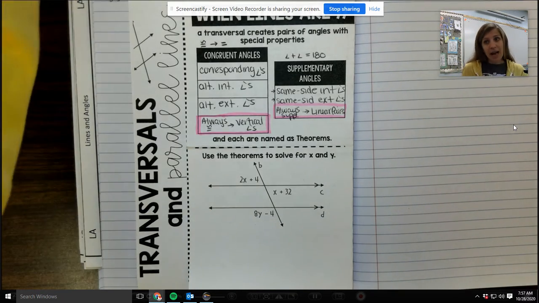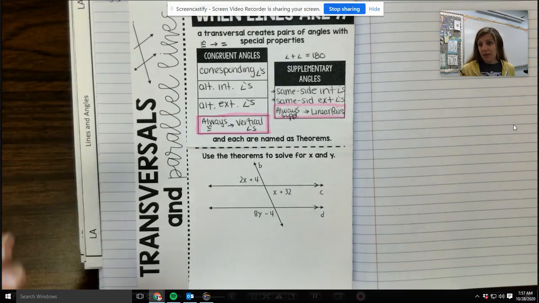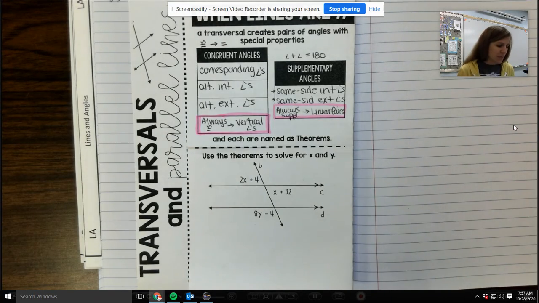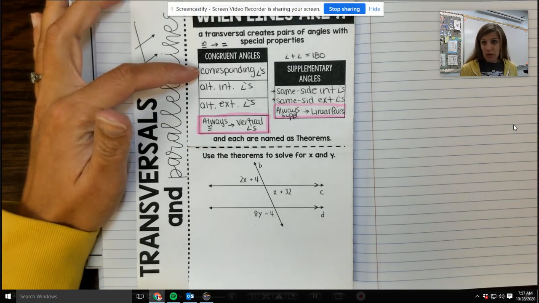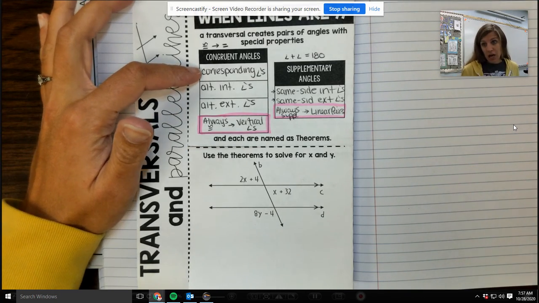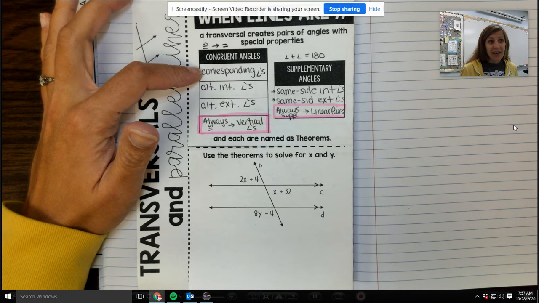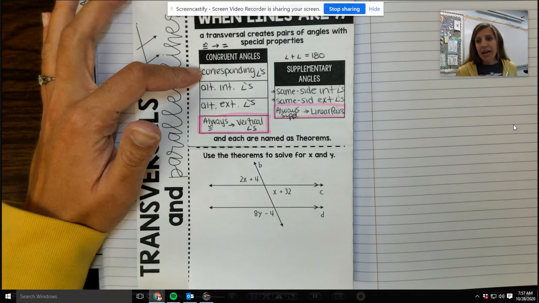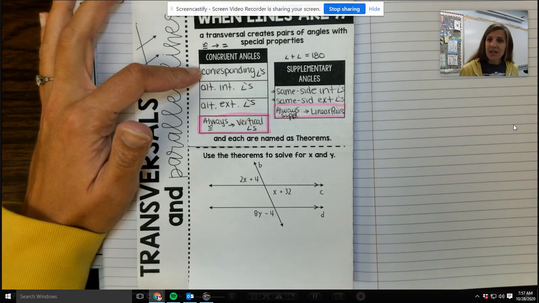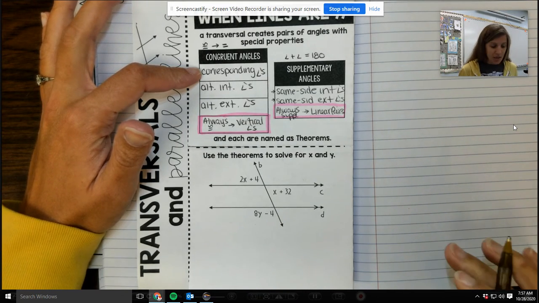You don't need to worry about how to prove it true. We can maybe do those things later if we want to come back to proofs. But essentially, what each of these theorems says is, for example, the corresponding angles theorem says if two lines are crossed by a transversal and those two lines are parallel, then corresponding angles are congruent.